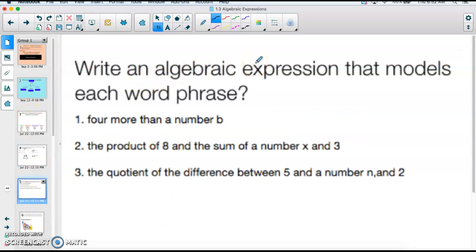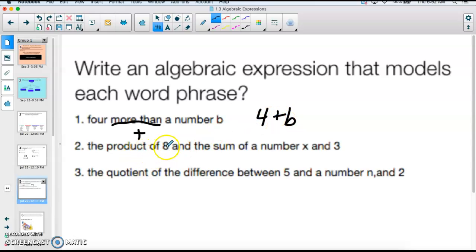All right, write an algebraic expression that models each word phrase. 4 more than a number b. Well, more than tells you to add, right? So b plus 4. Okay. You could also do 4 plus b. Addition you can do in either order.